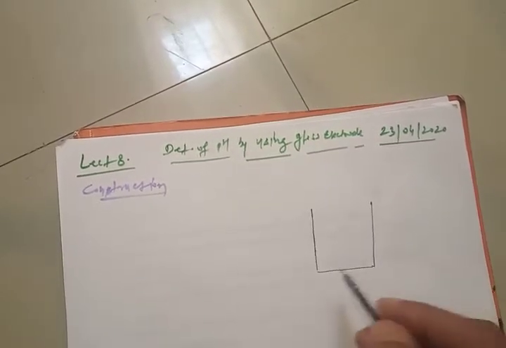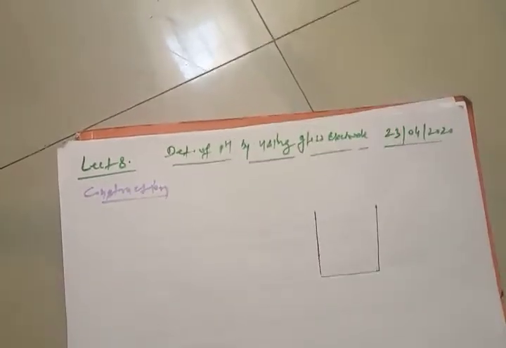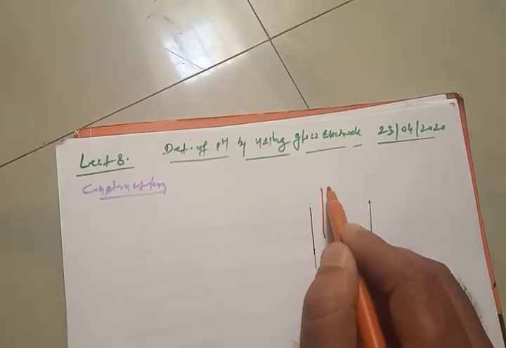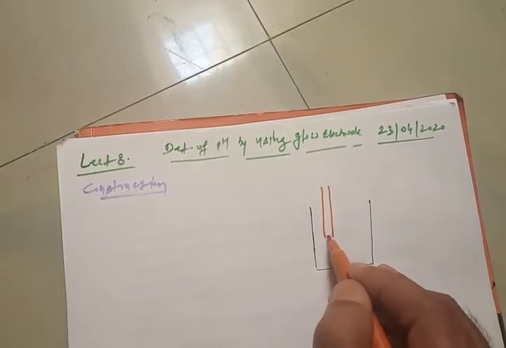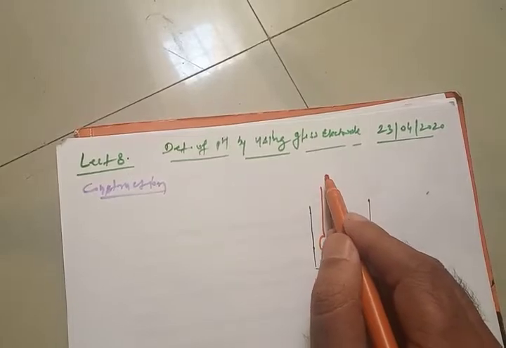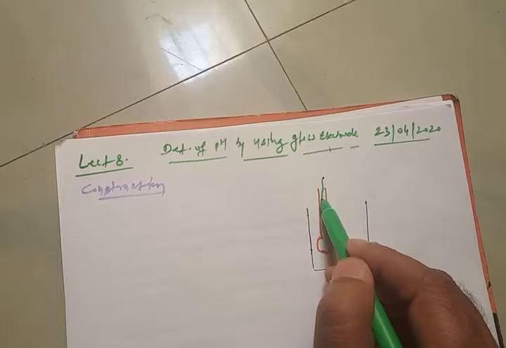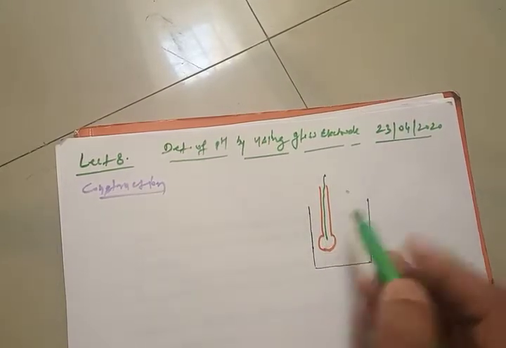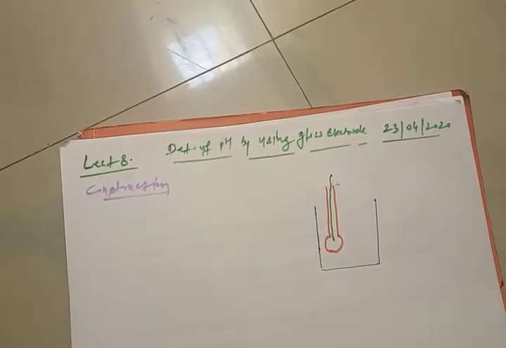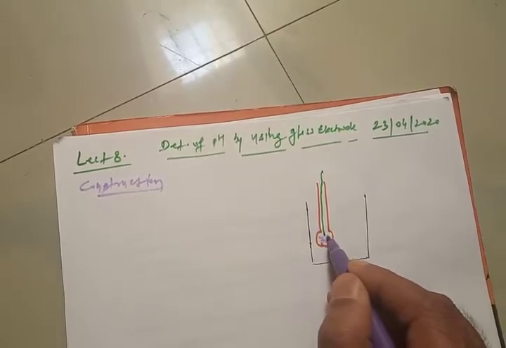In this setup, this is the glass electrode, and in a different color, this green is nothing but the platinum wire, and this is the solution. I will discuss each and everything, don't worry.